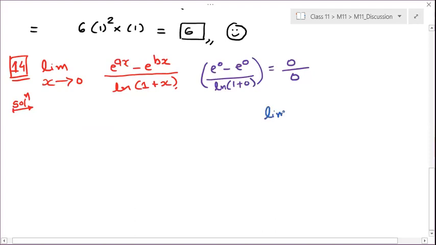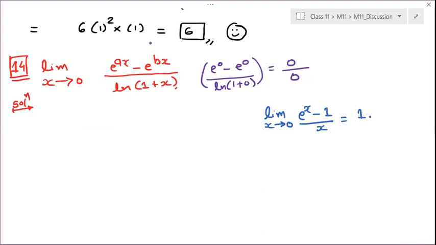One formula is limit x tends to 0, e to the power x minus 1 by x is equal to 1. Okay. Now here instead of x I am having a and b. Right. So definitely if it is a, then I should divide and multiply with a. Right. Same the case of sine. जो आपका साइन में इनपुट था वो नीचे होना चाहिए था, right? If it is sine 2x, then in denominator it should be 2x.